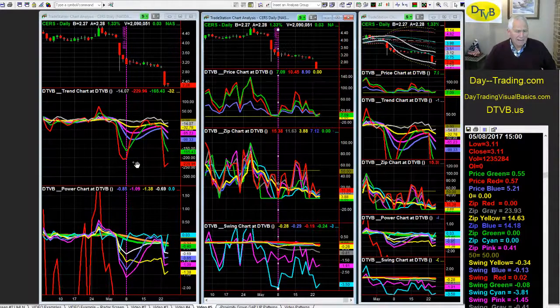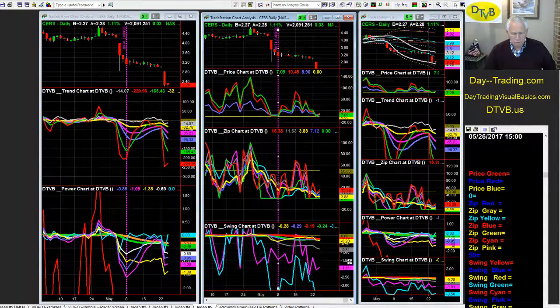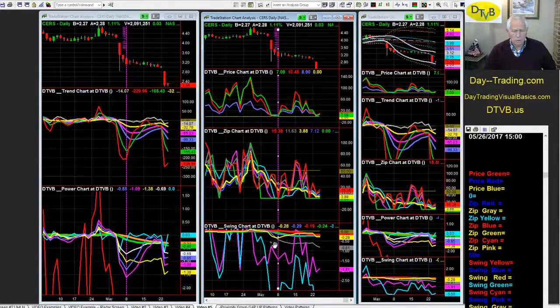However, we have all seven short-term trend lines, the trend trio, yellow, pink, blue going down, power orange and green going down, and of course it's harder to see over here, but red and green are also going down in the swing chart. Those are our three groups of our 7 short-term trend lines.